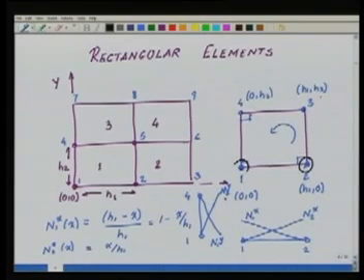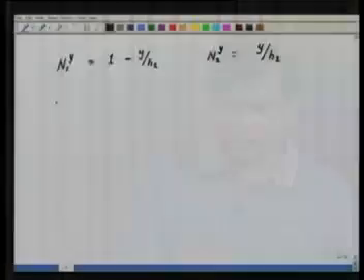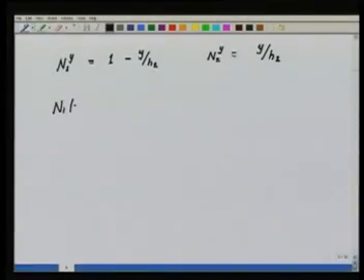So n2 x into n2 y, it should do the job. And the fourth one should be n1 of x into n2 of y. So we are going to define our shape functions now in terms of this. So n1, which is a function in the element x and y, in the element 1, I'll say, is equal to n1 of x, which is a function of x, into n1 of y, which is a function of y.